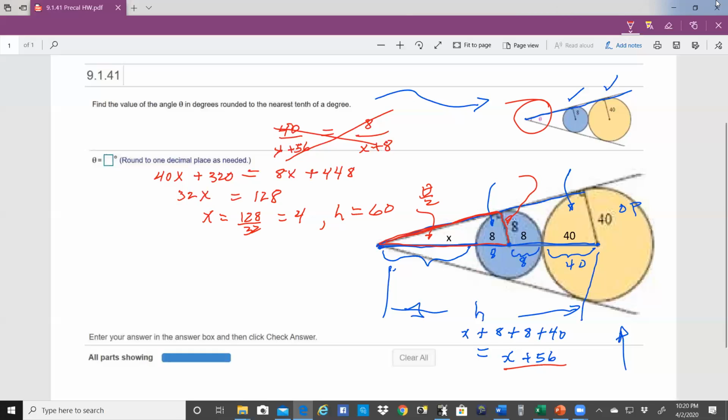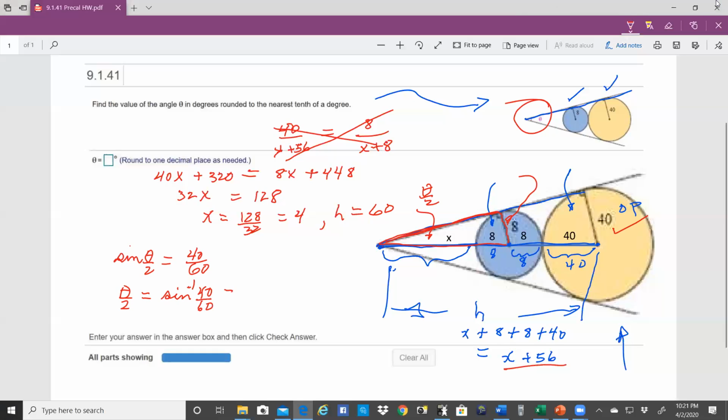So now we can say that sine of theta over 2 is going to be opposite over hypotenuse, which is going to be 40 divided by 60. And so theta over 2 is going to be inverse sine of 40 over 60.